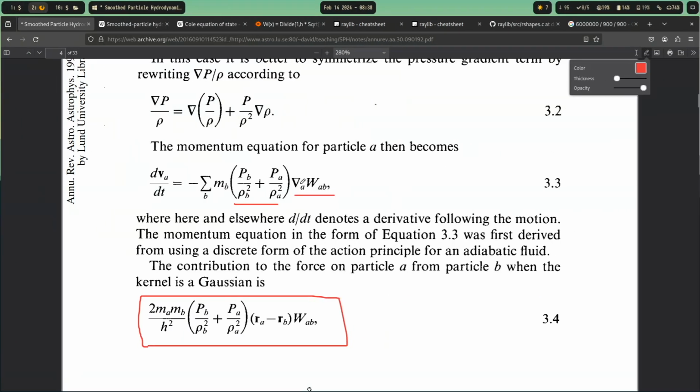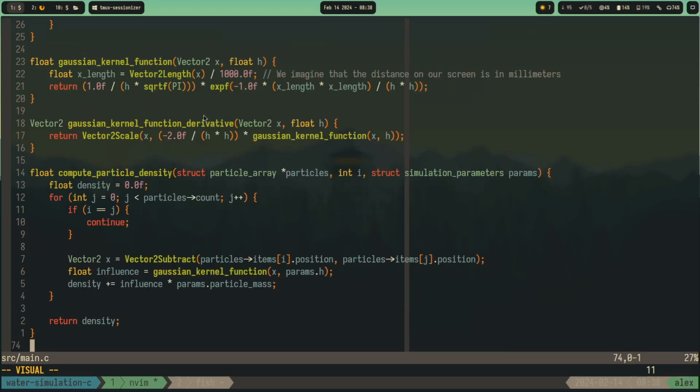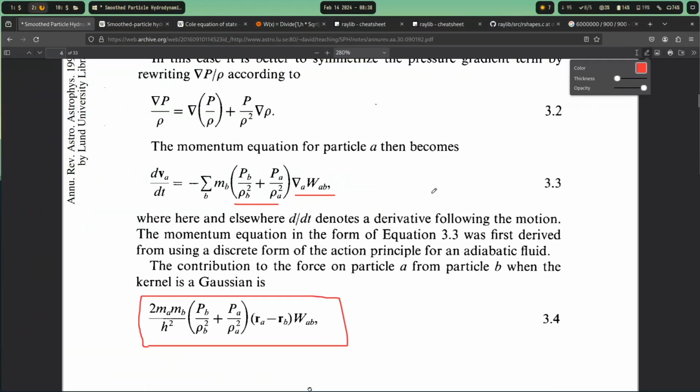So then we get the delta, whatever this is called, the derivative of the kernel function, which is just a Gaussian, a bell like this.